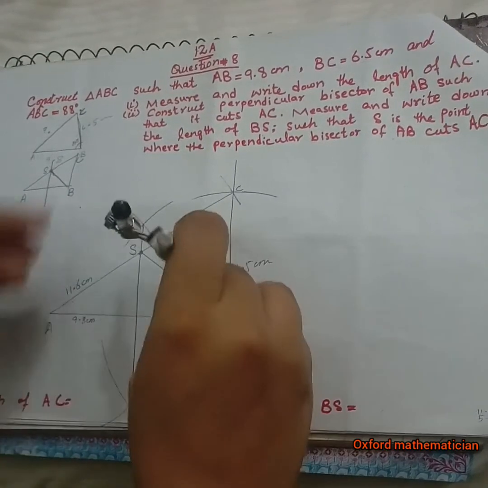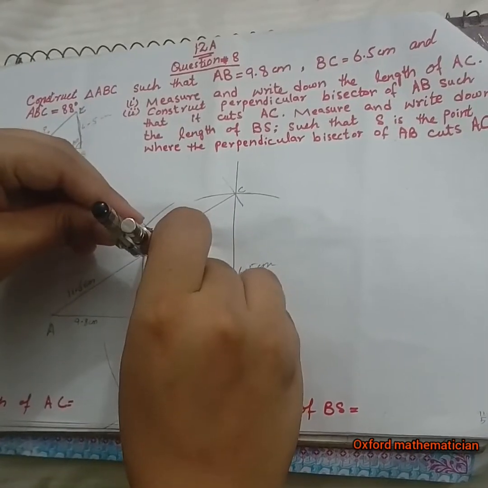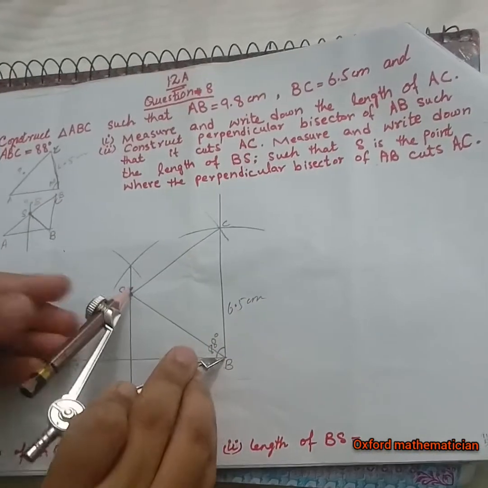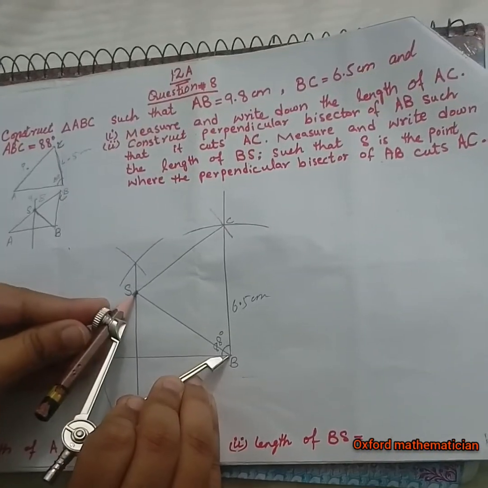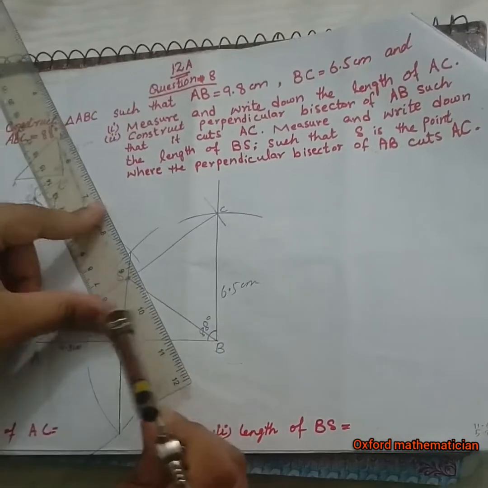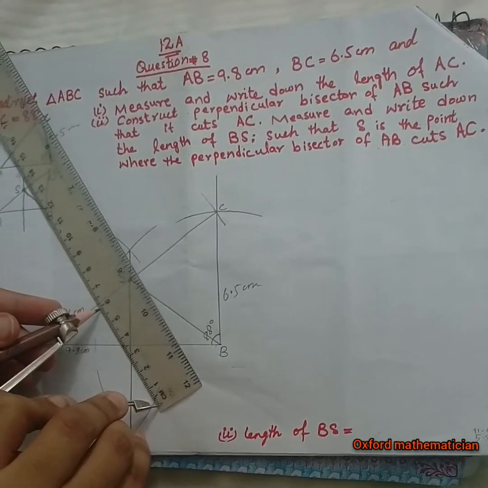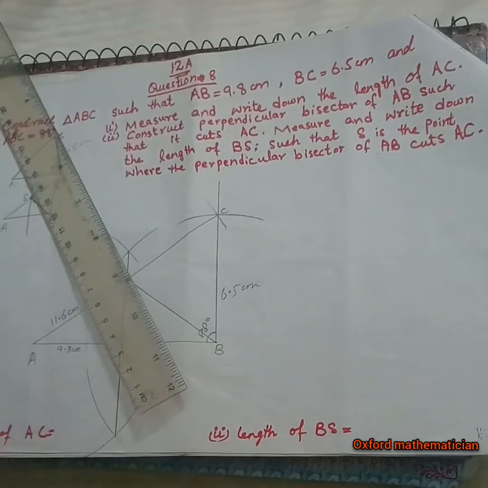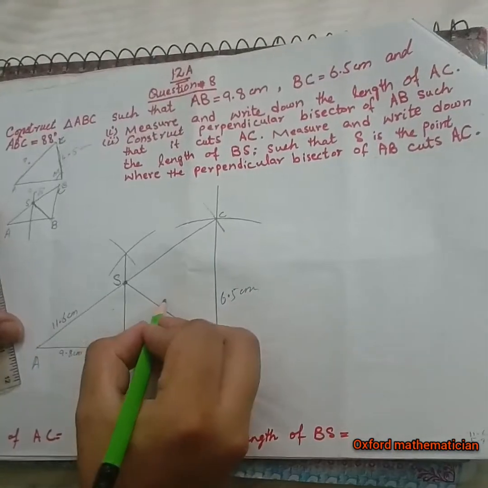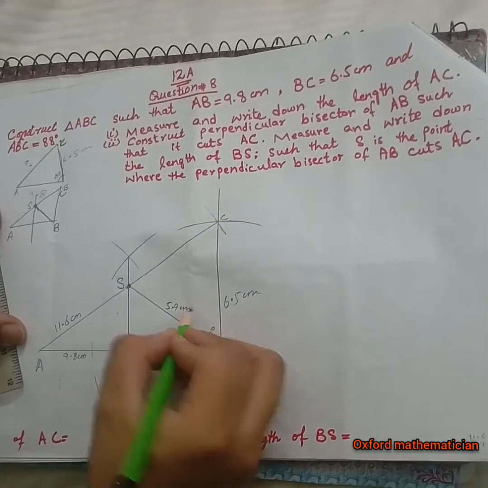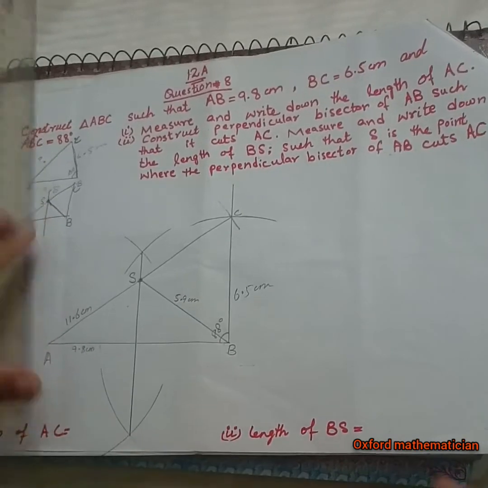Now we measure it. We have to measure this line segment. Here is the line segment we measured. 5.9. Here is the point 5.9 centimeter. The BS measurement is 5.9 centimeter.